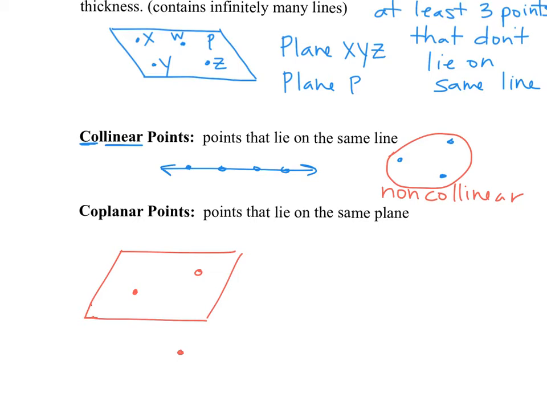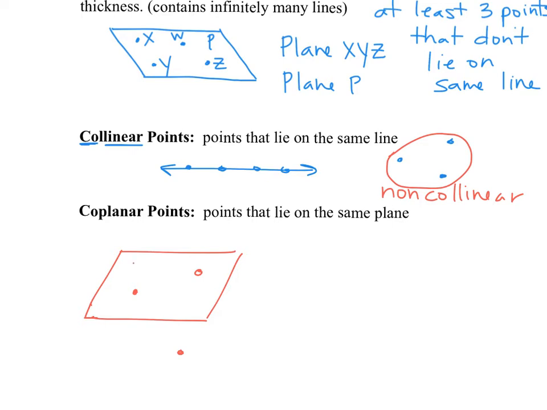It looks like no, because they're not on the plane I drew, but is there a plane that goes through those 3 points? Yes, okay? So be careful with that, because just because they aren't on the same plane that's drawn for you doesn't mean they aren't on a plane, right? Any 3 points can make a plane. I'll teach you about that tomorrow.